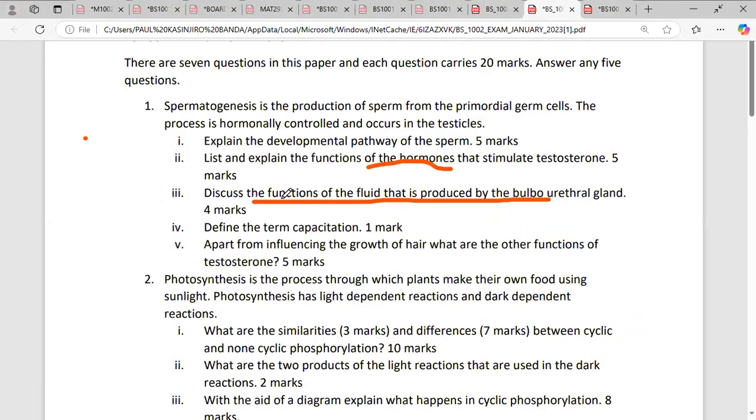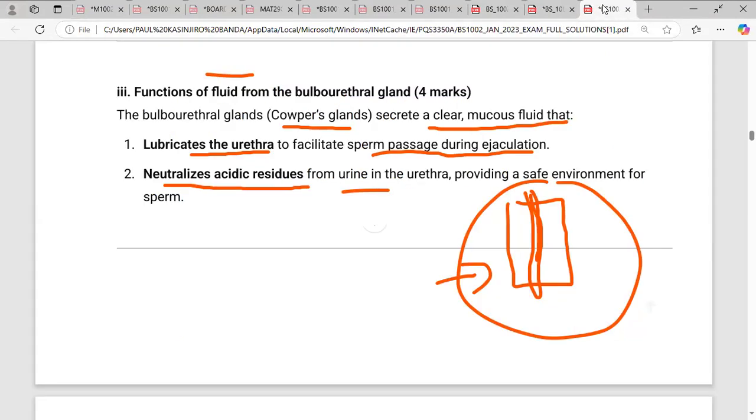And then the next question: define the term capacitation. The word capacity itself should make you think of something that pushes you to do something.